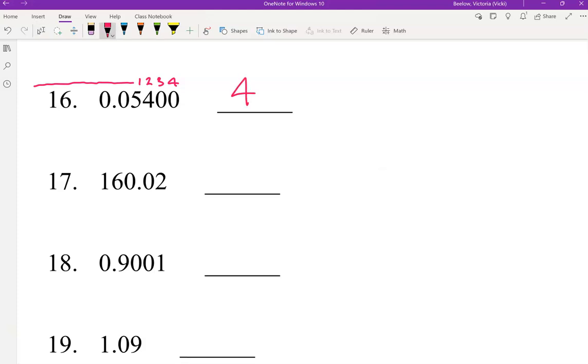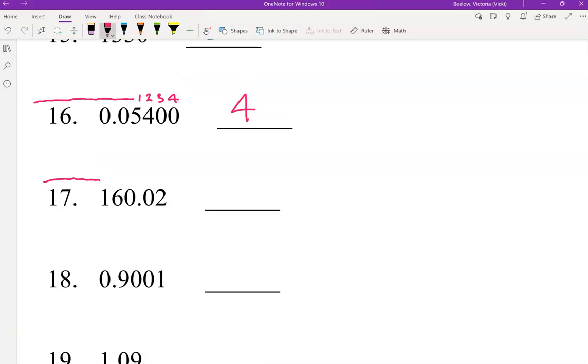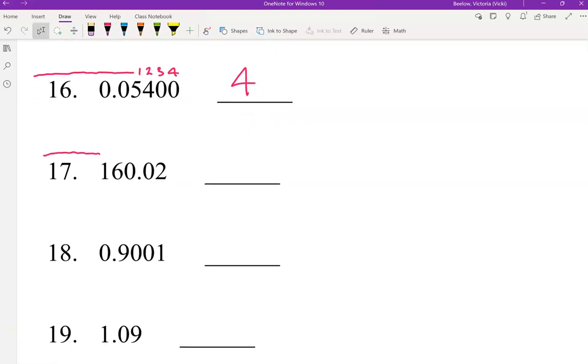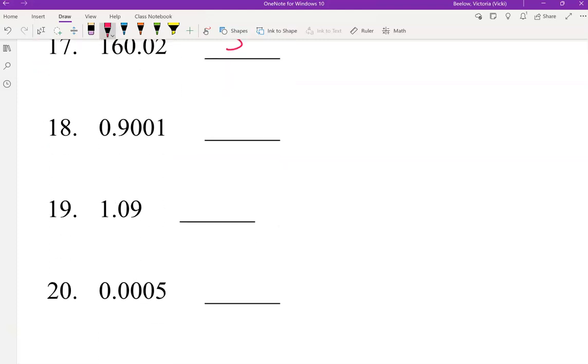So this would have 4 significant figures. For question 17, there is a decimal present. So I would approach from the Pacific side. The first number I come across that's not a 0 is the 1. So I would count that as significant and everything after that as significant. So this would have 1, 2, 3, 4, 5 significant figures.